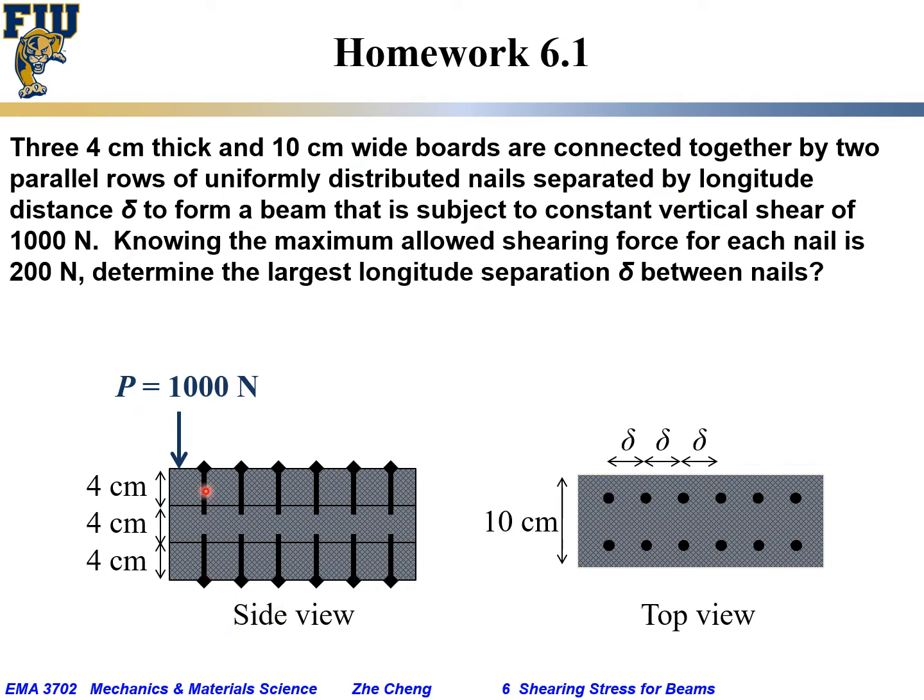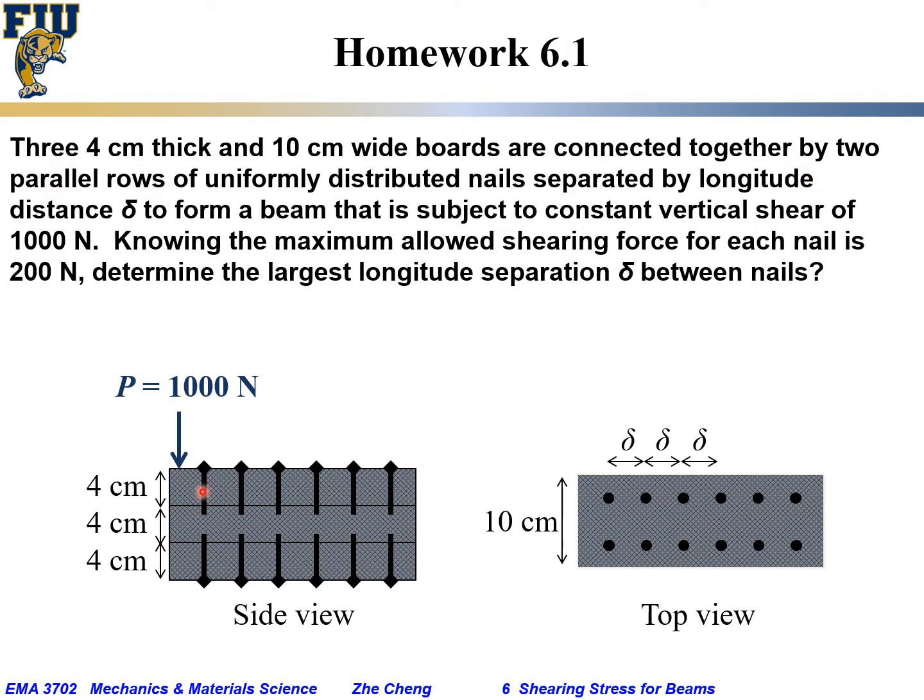So this is the side view. You have nails, and the distance between the nails would be delta. The nails are between the top and the middle, and between the middle and the bottom. And there are two parallel rows.